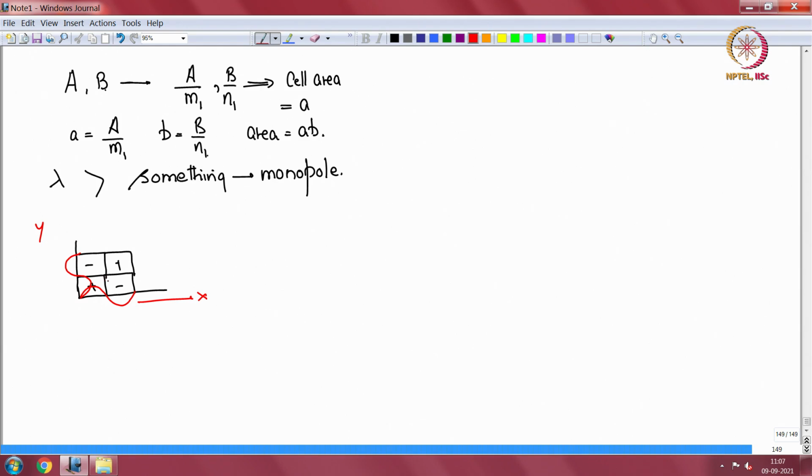Okay, and so one diagonal dimension is what? One diagonal dimension is twice square root of a squared plus b squared. This is one diagonal dimension. Okay, so if we want to make lambda bigger than some wavelength-like dimension, it has to be greater than this in the x direction and that in the y direction. So we make lambda greater than twice the diagonal.